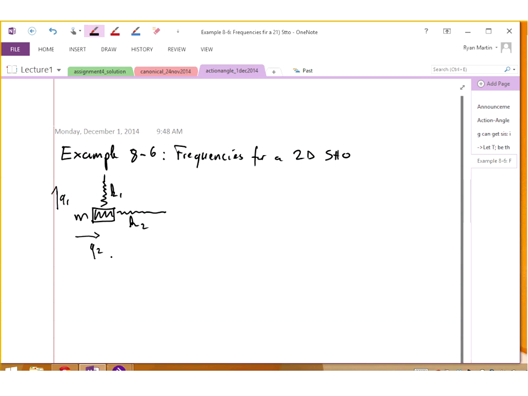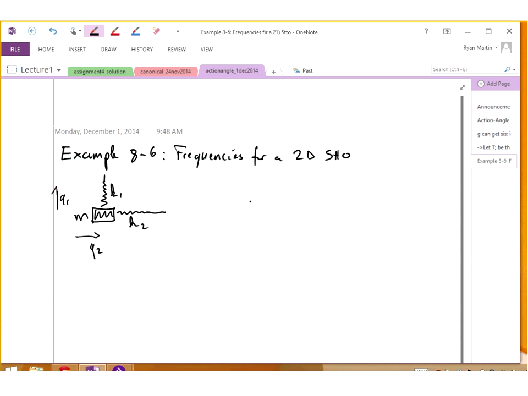And so this is such a periodic separable system, right? This is in the plane, and I'm sorry, there's no gravity here. So intuitively, you feel like the oscillations along the q2 axis are going to be independent of the oscillations along the q1 axis, right? So this is an example of such a separable system.